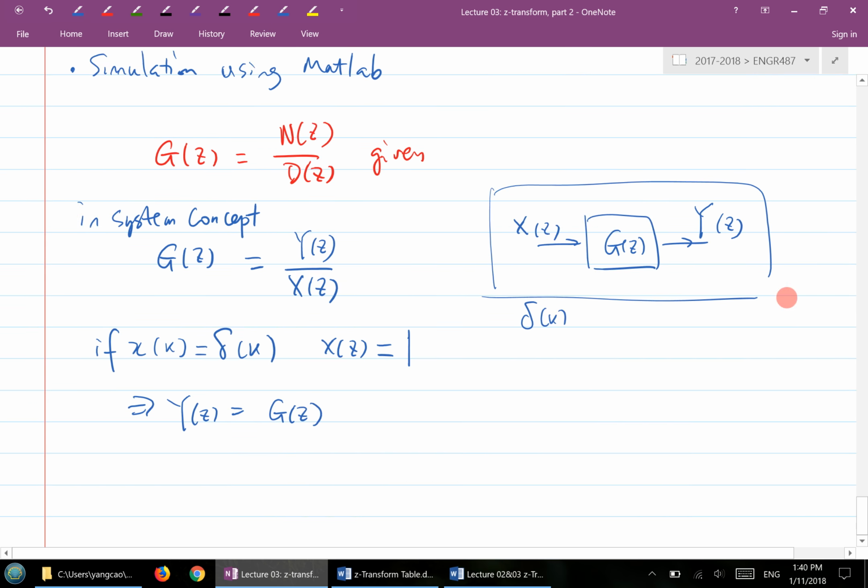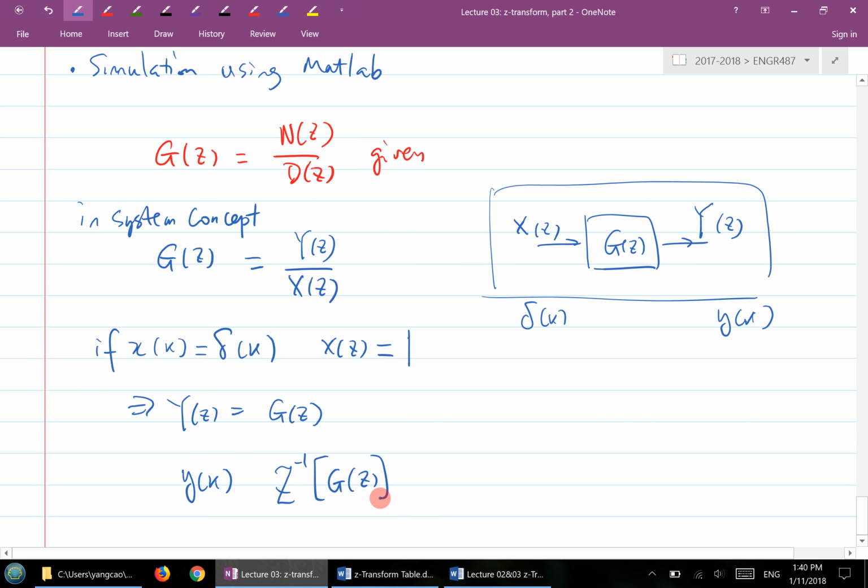So if I want to find out the y of k, you do an inverse z transform, and you get what the system output looks like when your input is Kronecker delta. Essentially here you're doing the inverse z transform for this guy.